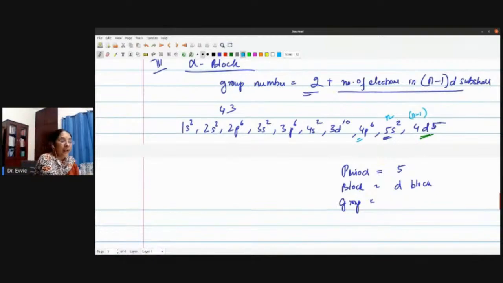So now n minus 1 D subshell, how many electrons are there? 5 electrons are there. So you will write 2 plus 5. So this will be in the 7th group. Okay, so you can try, play around, it's fun to do all this. Now let us do one more example.